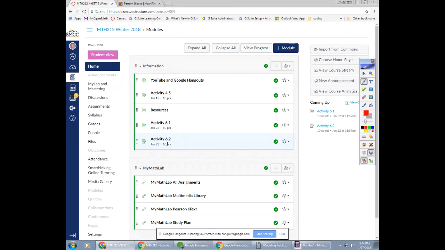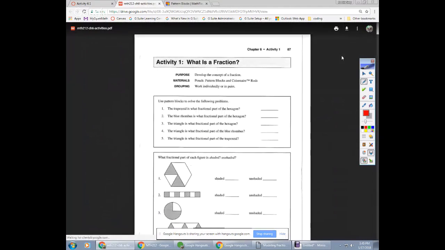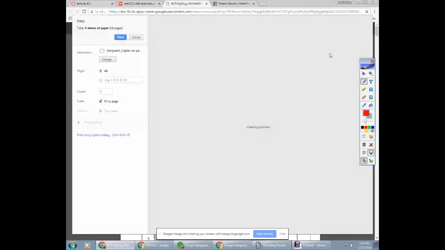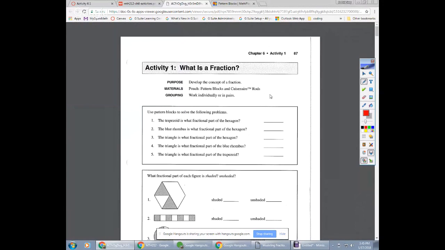I think I put a link to it here. I'll just put it now. So we're going to take a look at activity 1 and probably 2 today. If you have an activity to give me, I've got a pile going right here.